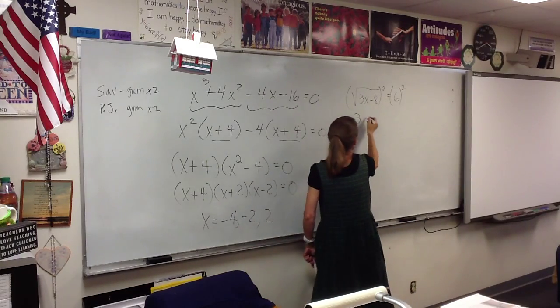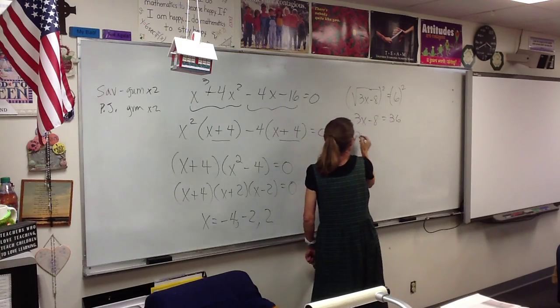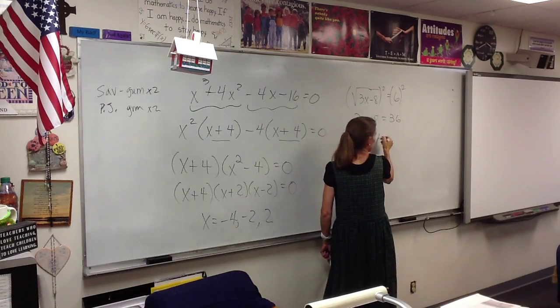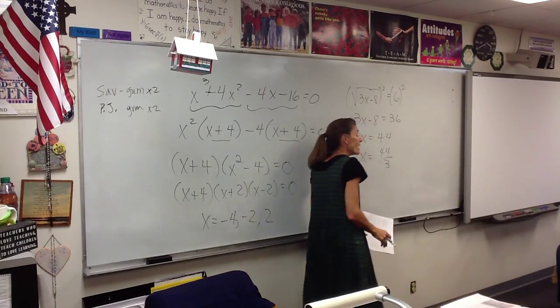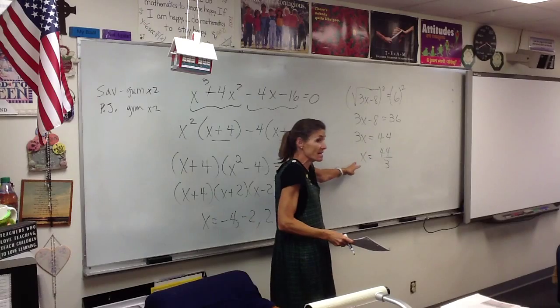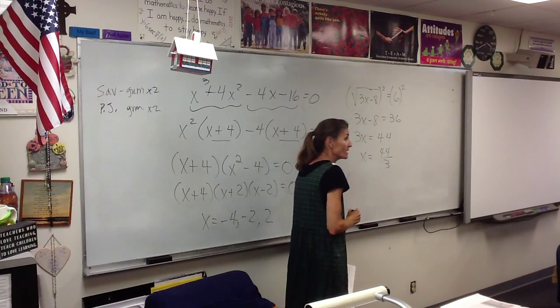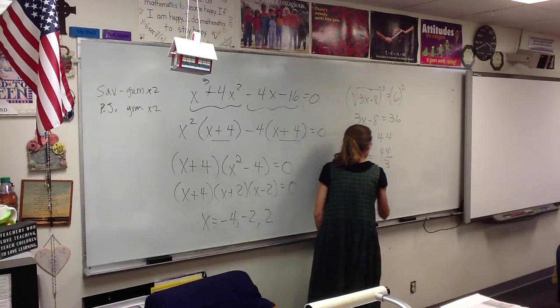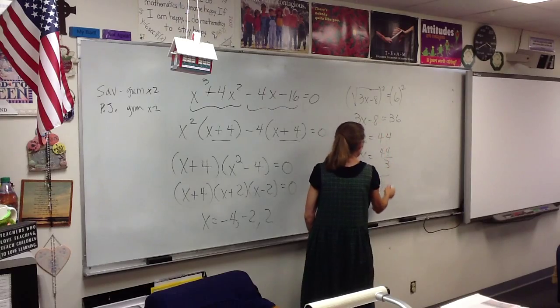So I'll have 3x minus 8 equals 36. So 3x equals 44 and x equals 44 thirds. Do not freak out. That's fine. Now I need to check it though. Make sure it's fine. I'm putting this in the original.